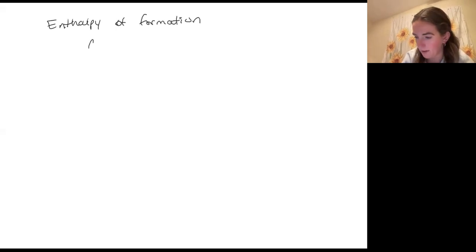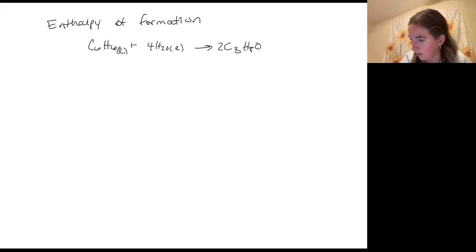And we have C6H6 plus 4H2O goes to C3H8O and O2 gas. So from your exam booklet, we are given this chart.